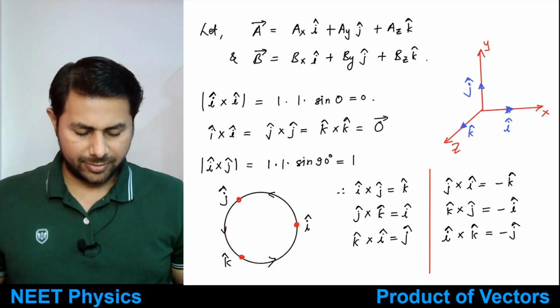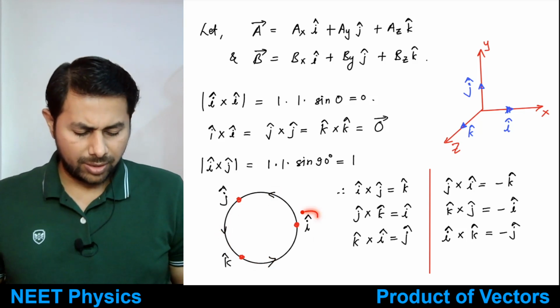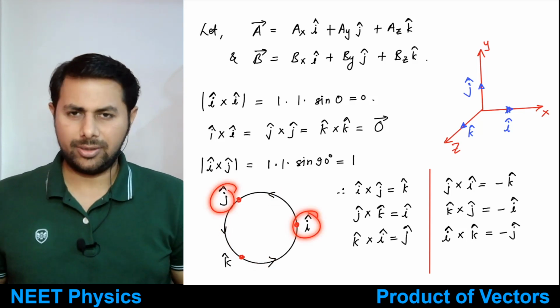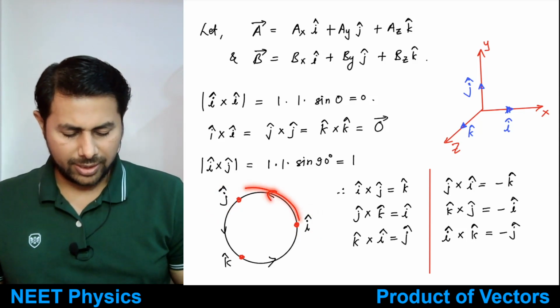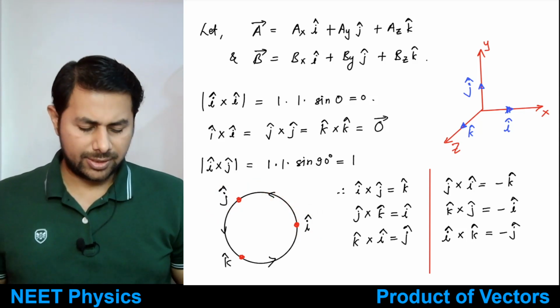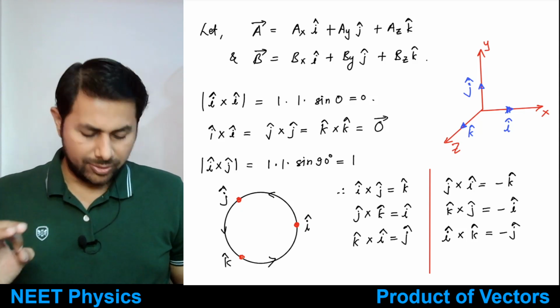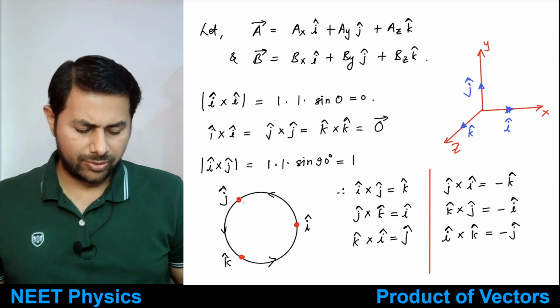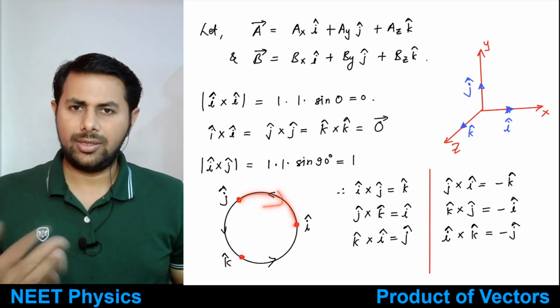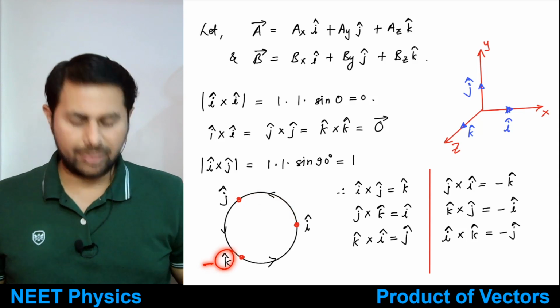Now if you are taking the cross product of i cap with j cap, if you are going along the arrow, then the result will be positive of the remaining one. And if you are going in the opposite direction of the arrow, then the result will be negative of the remaining one. Remaining one means k cap.